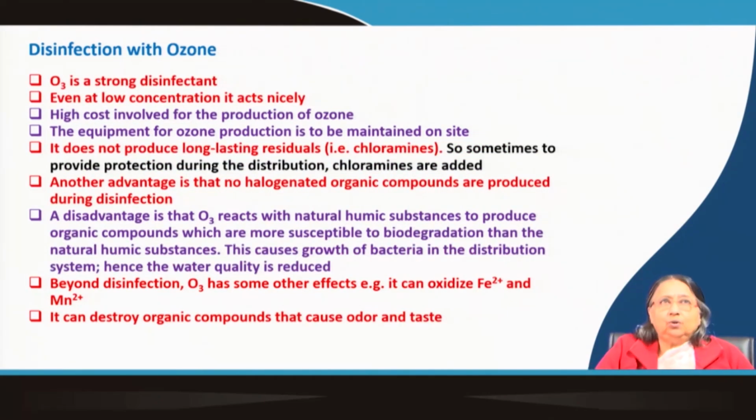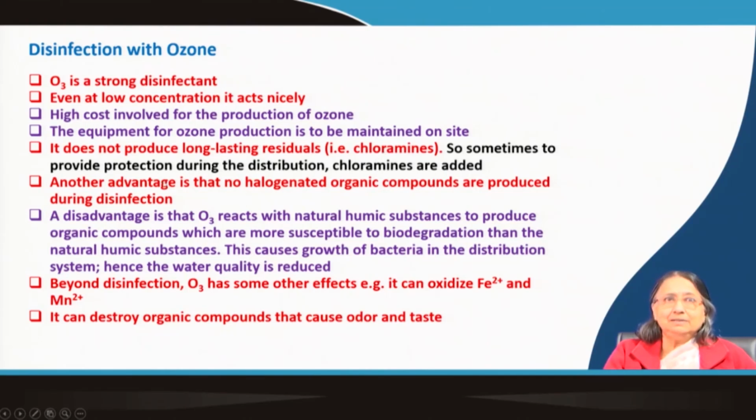Now, disinfection with ozone. Ozone is also widely used nowadays in advanced countries. It is a very strong disinfectant, even at low concentration it acts nicely. High cost, because ozone production is very difficult. And the equipment required for ozone production has to be maintained on the site itself. So, again a problem. It does not produce a long lasting residual. It does not produce chloramines.